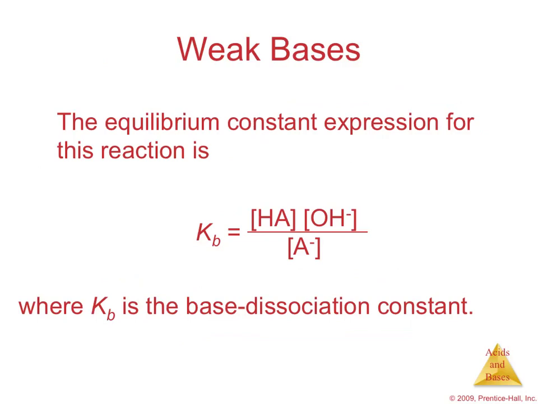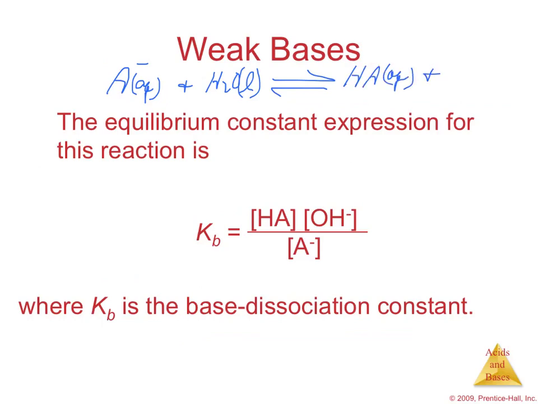So just to give you an idea of what this would look like, if I have any acid conjugate base, so any A minus aqueous in water, it's going to give me an equilibrium with the HA plus the OH minus.